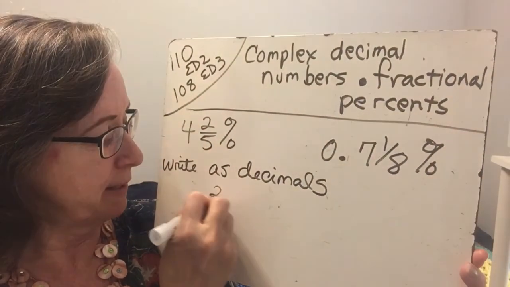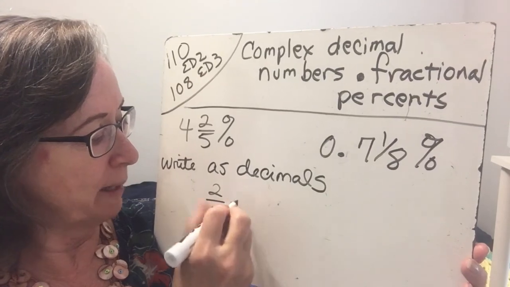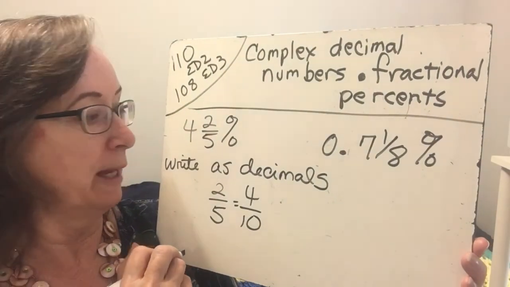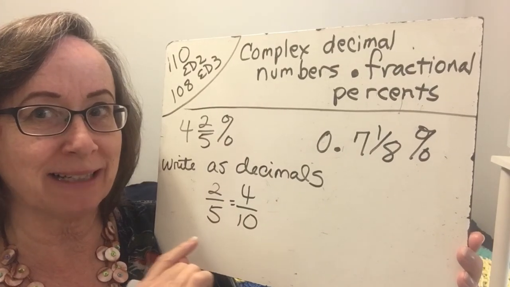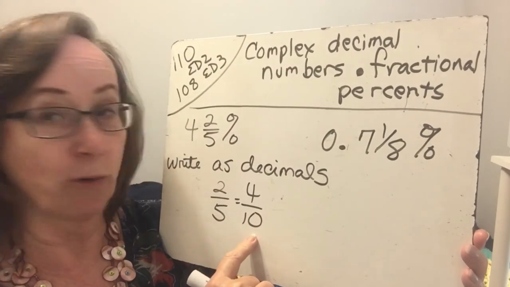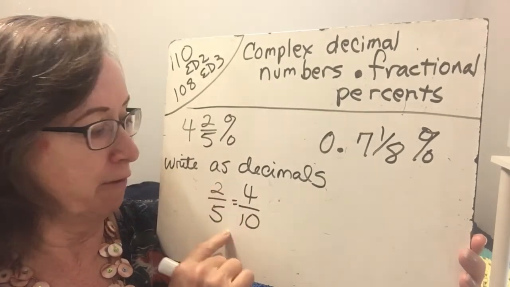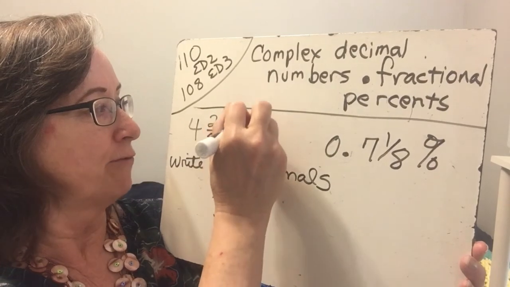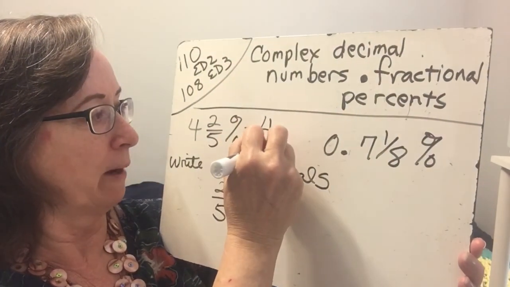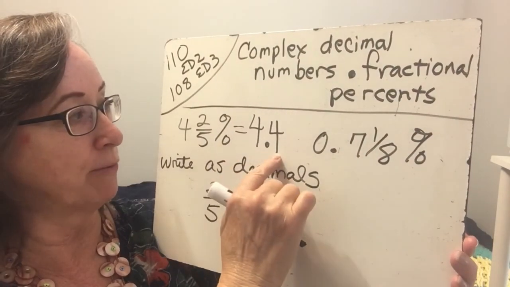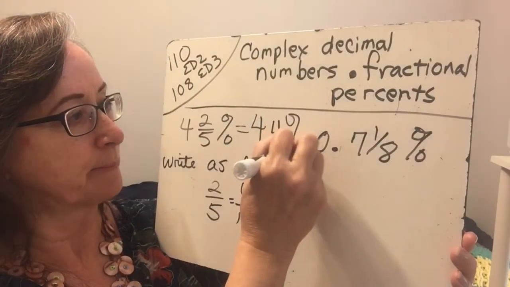Now 2/5 we know is the same as 4/10. Okay, so it's easier to turn it into a decimal if you first put it over 10. So take the 2/5, make it 4/10. So now this is 4.4, because 4/10 is 0.4.